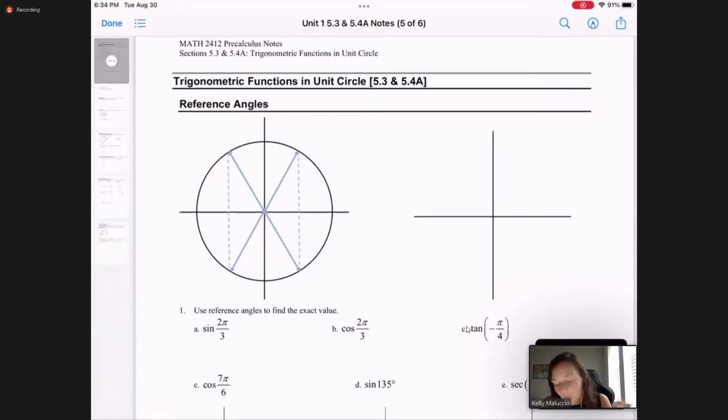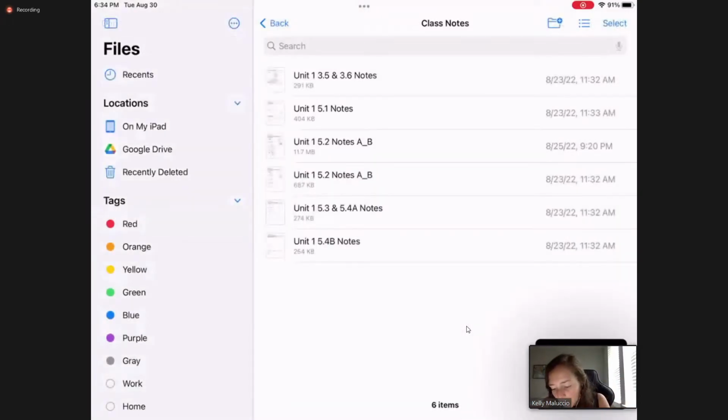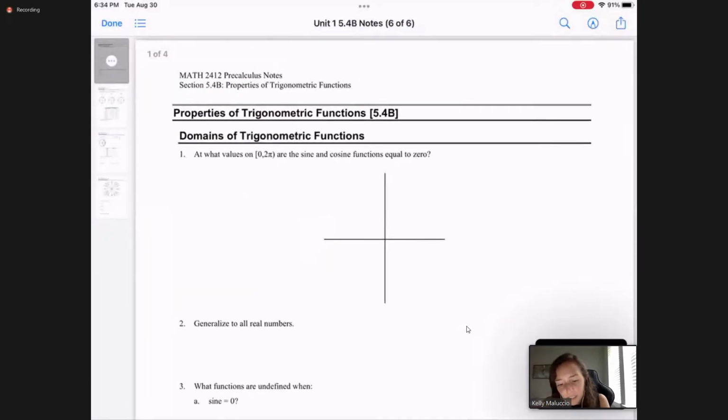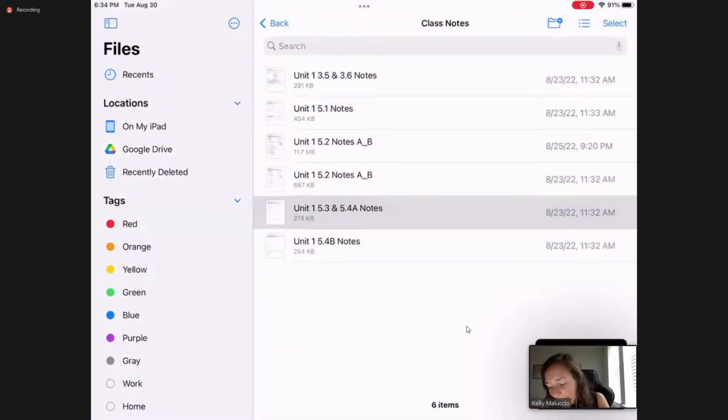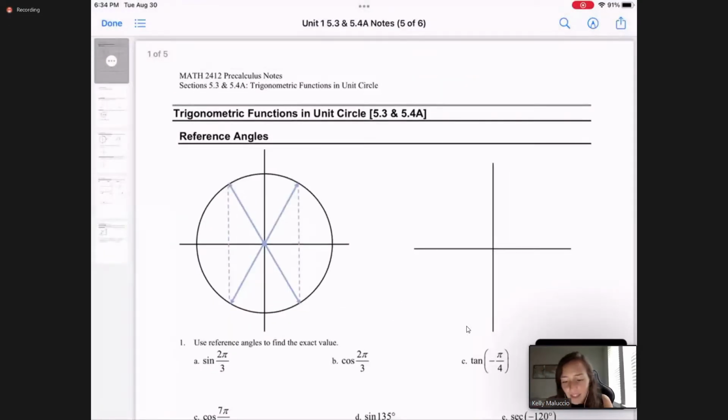If we don't get to it, we'll finish on Thursday. But then 5.4b notes will be on Thursday. And we're getting into the unit circle, which is super exciting. And that's what we'll get into today.